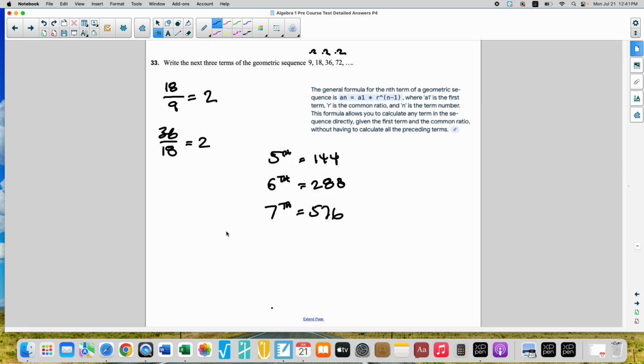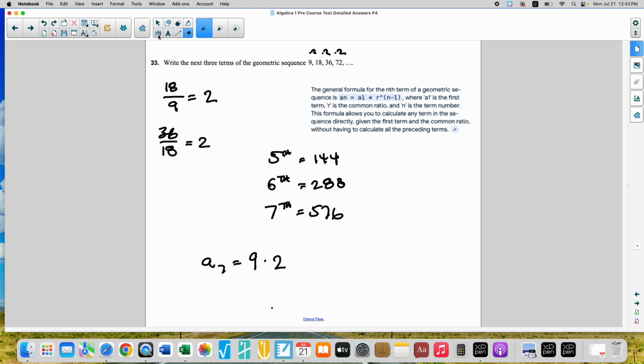Now let's use this. So we wanted the 7th term. If I want the 7th term, I take the first term and multiply it by r, which is 2, to the n minus 1. 7 minus 1.